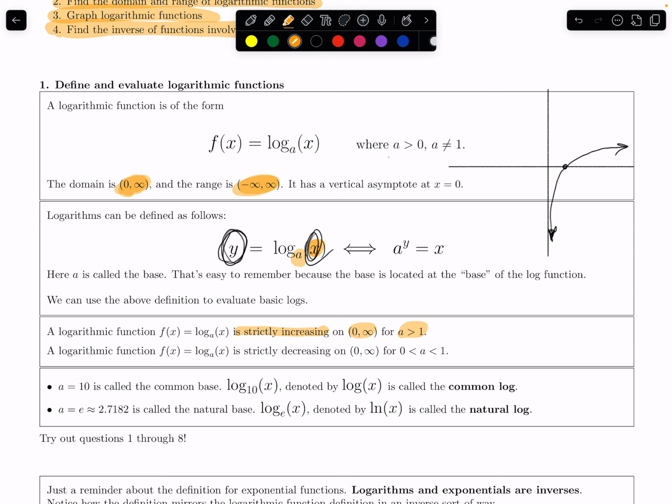Okay, what about when a is between 0 and 1? Remember, a cannot be 0, cannot be negative, but it could be a fraction, a small fraction. What happens then? Well, then it's going to be decreasing. We're still going to get that same point (1, 0), because even if you raise a fraction to the 0 power, you're going to get 1, right?